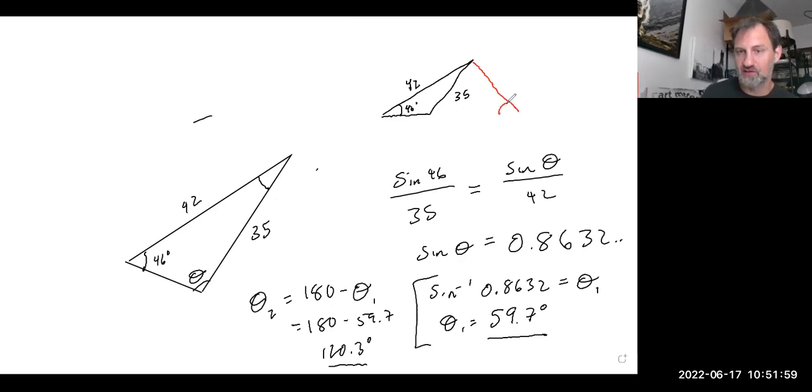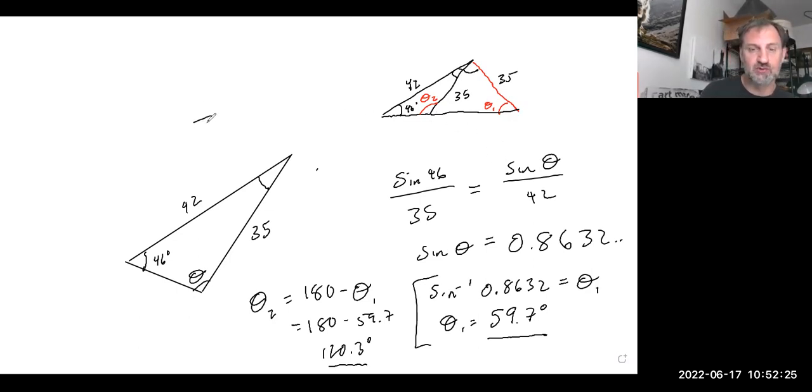Then this angle is theta 1. This angle is theta 2. This is 35 either way, but it makes a big difference to what this angle is going to be. And of course, makes a huge difference to what this side is going to be, because the side could be relatively short or it could be the longest side.